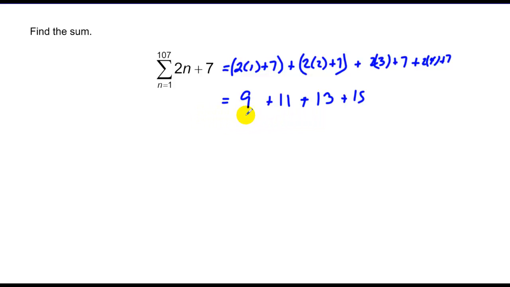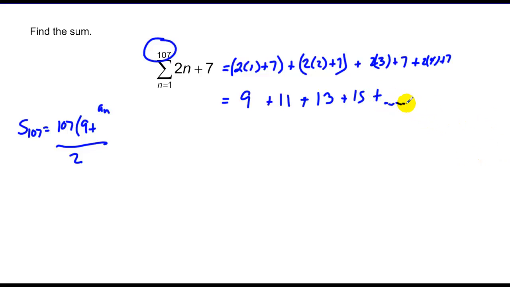So if it's arithmetic, what do I really need? I need how many terms, and I have 107. I need that number of terms multiplied by the first term, which I now have, plus the last term. I need a sub n over 2, and that'll get me my sum. So if I want the last term, all I need to do is plug in 107. So I'm just going to go dot, dot, dot, and then plug in 107 to 2n plus 7.